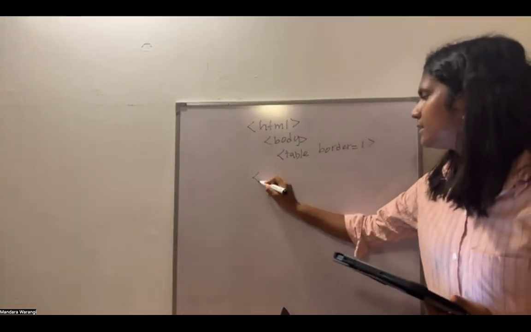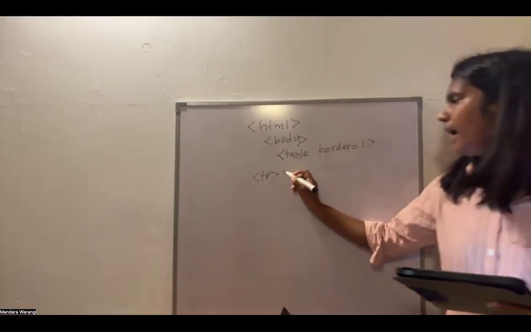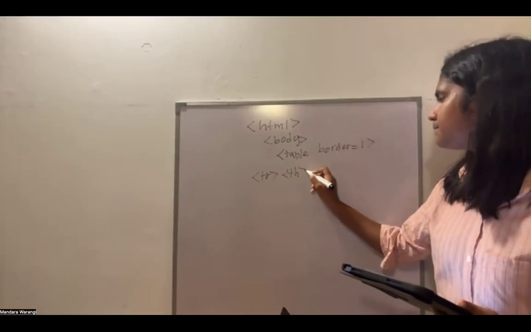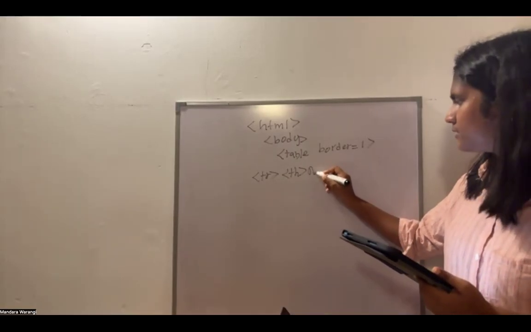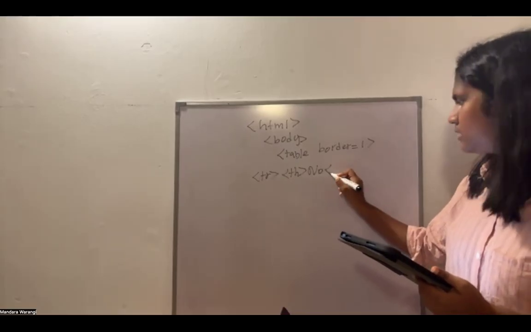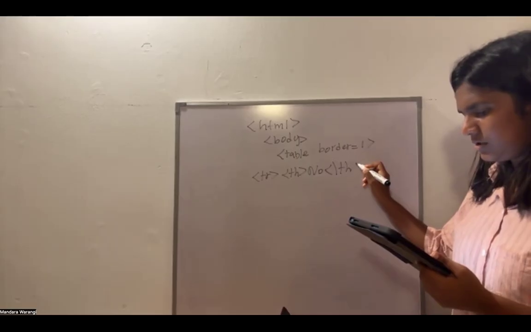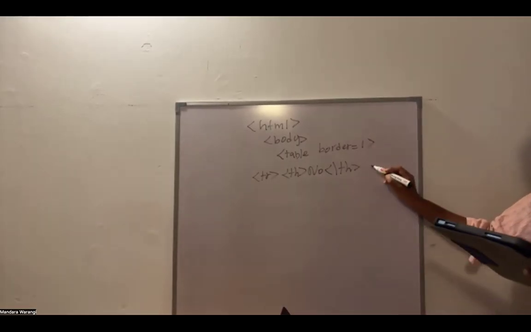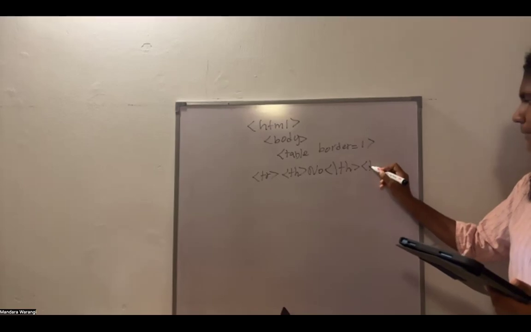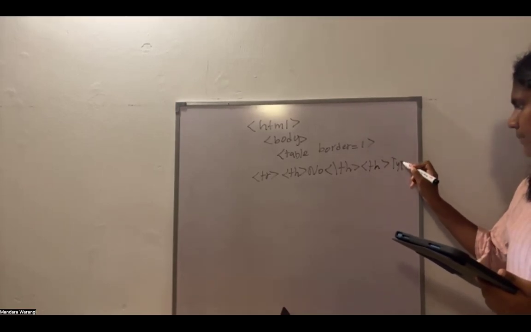Then you have tr, the table row tag, and then th, table heading. They have given number, closing th, then they have given type, th type, table header type.